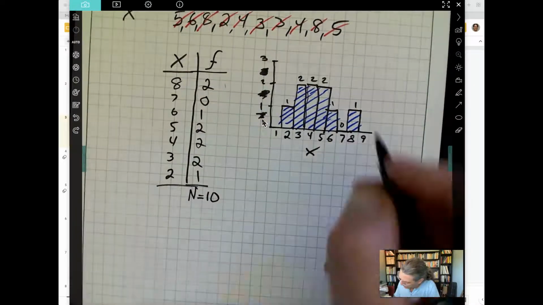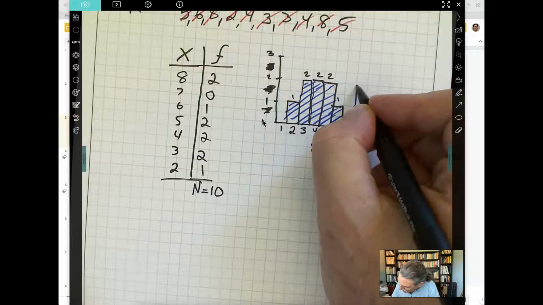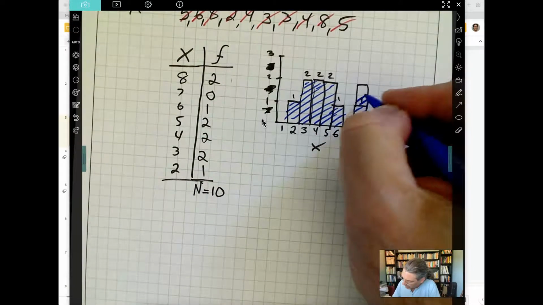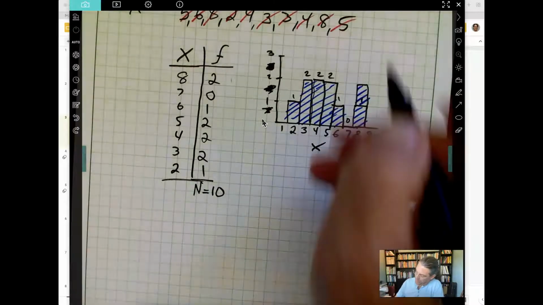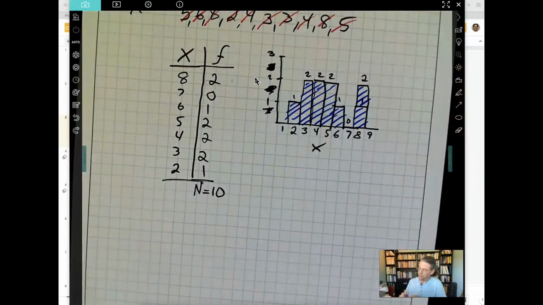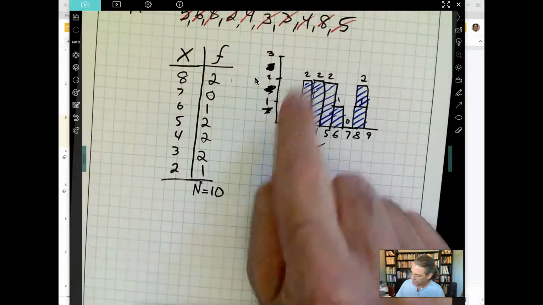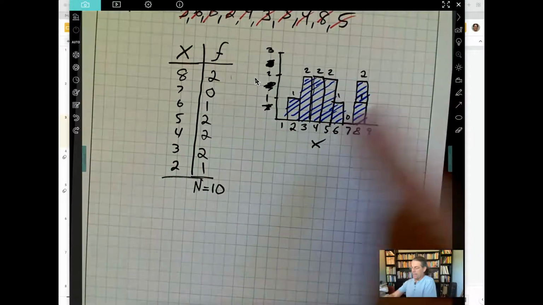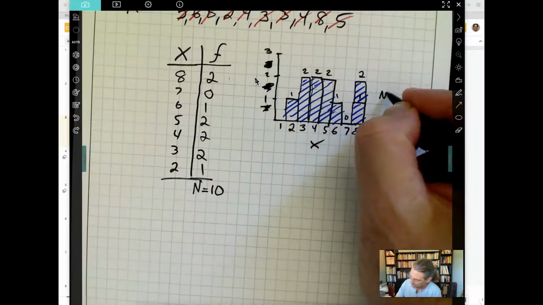Oh, 8 has 2. So I make lots of mistakes. You're probably this whole time watching this video saying, nope, nope, wrong, wrong, wrong. Okay, so that's an 8 has a frequency of 2. Okay, so now it adds up. So 1 plus 2 plus 2 plus 2 plus 1 plus 2 matches this. Again, I could get that n of 10.